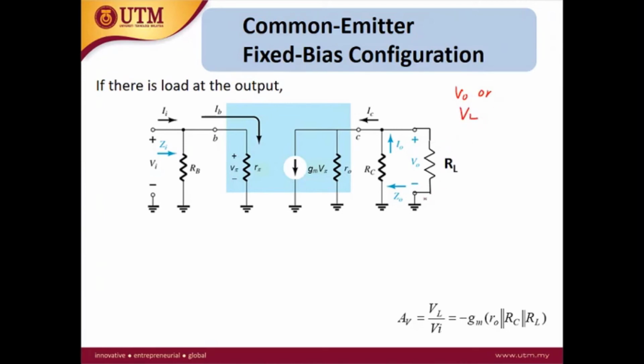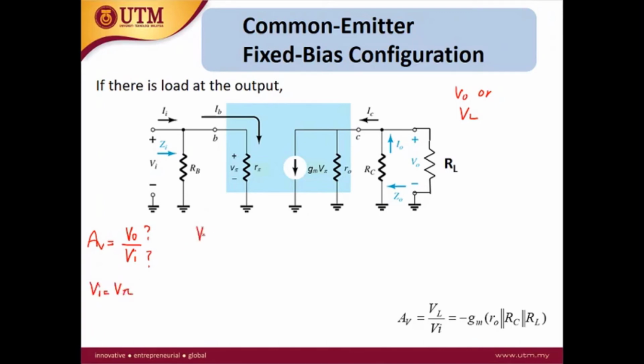Here the gain will become AV, which is V out over VI. What is V out? What is VI? As defined by the previous slide, VI is equal to V pi.